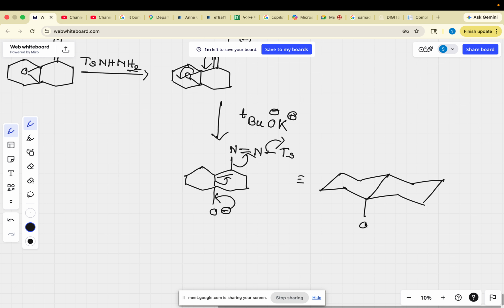Here you have O minus in the axial position. Suppose here you have a double bond, and here you have nitrogen, double bond nitrogen, then tosyl. Basically this is a single bond, sorry. So O negative pushes its electron density to here, this double bond shifts to here, nitrogen is leaving from here, and the tosyl group is also leaving from here.